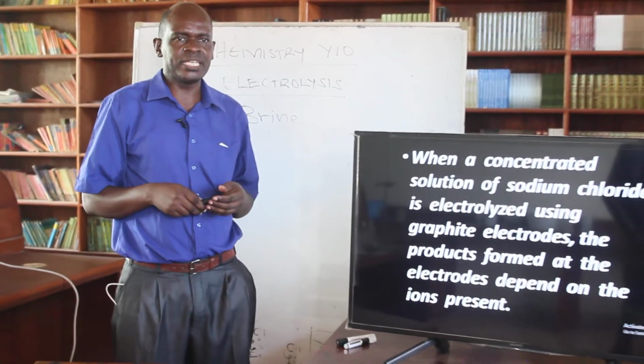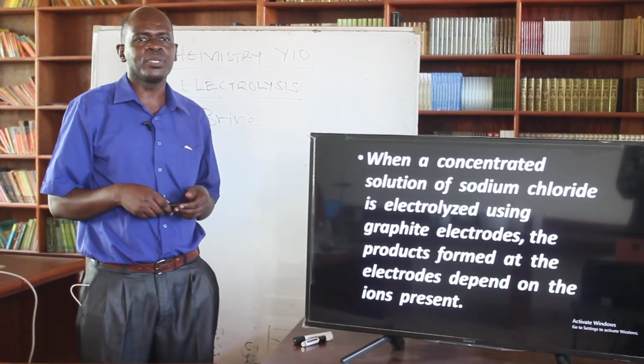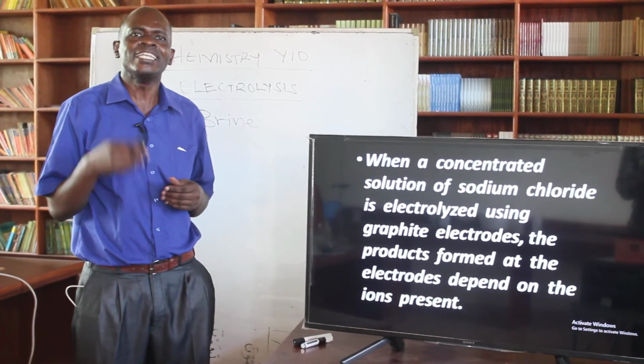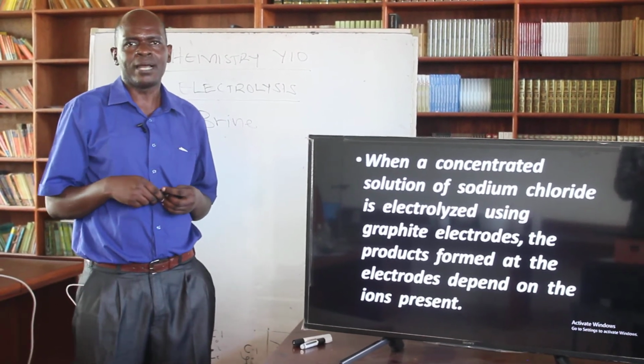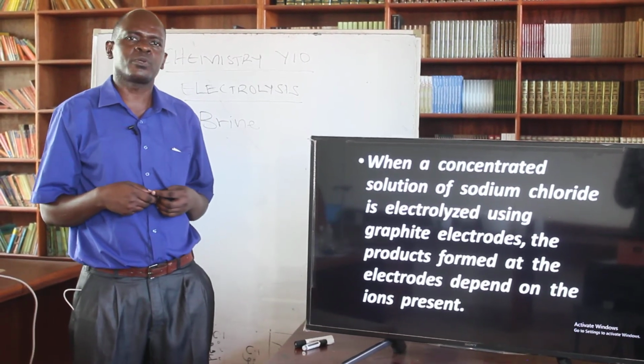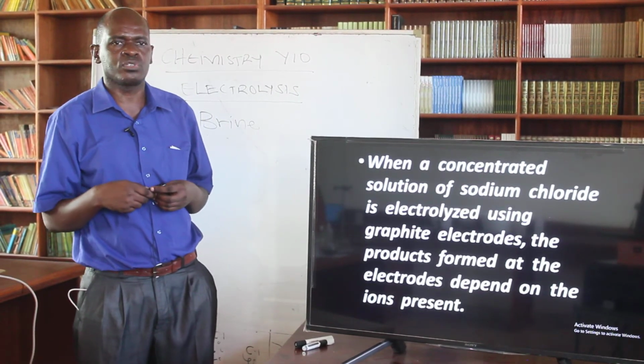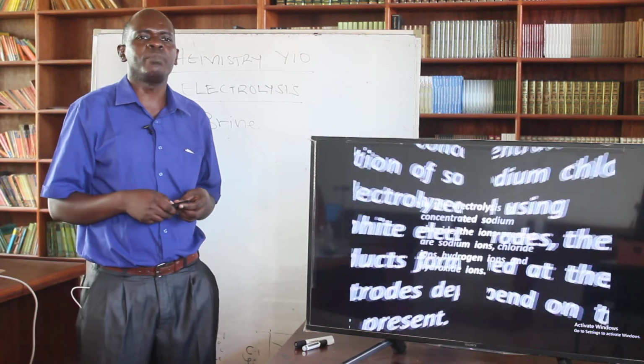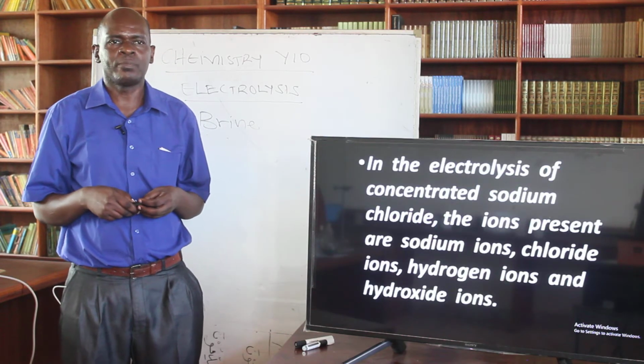When you talk of graphite electrodes, these are the inert electrodes. Remember, the key aspect in this process is using the inert electrodes. Then the products will depend on the ions which are present.